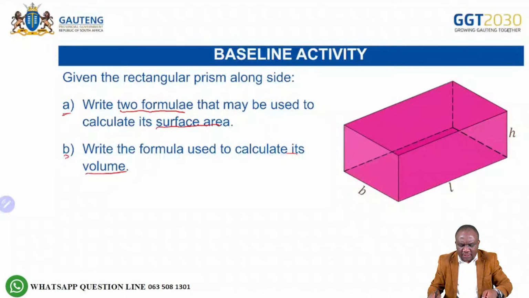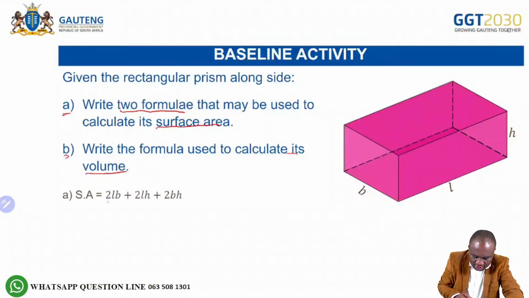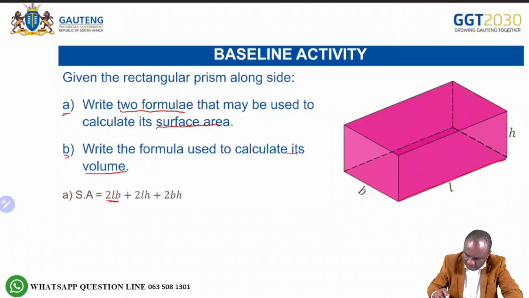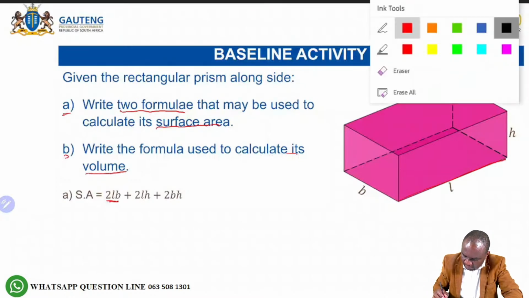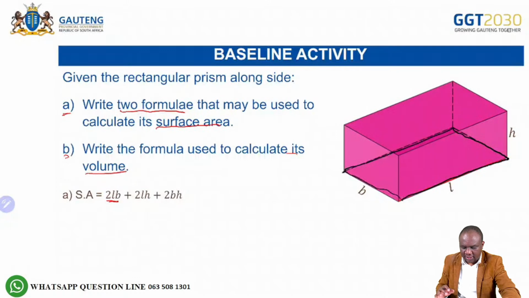Right, welcome back, grade 10s. Remember, what did we say about the surface area of a rectangular prism? We have the formula which says 2 times length times breadth. Length times breadth is this one. There are 2 rectangles like that, the bottom one and the top one.